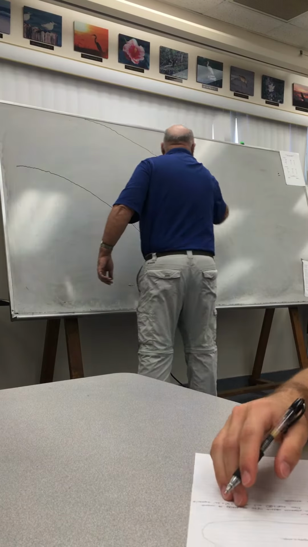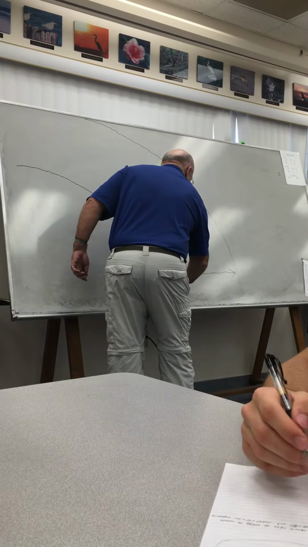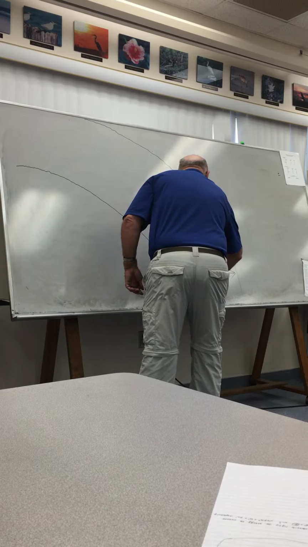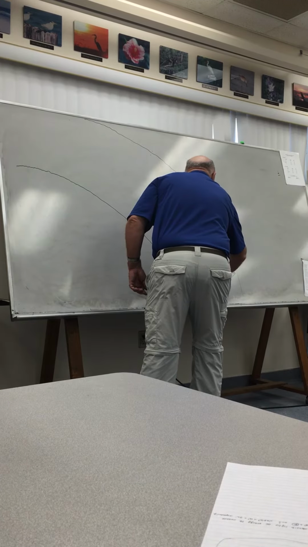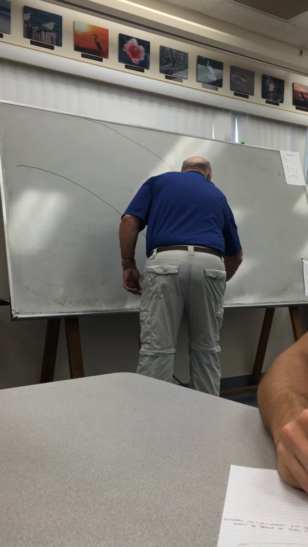So this thickness that I'm drawing from here to here represents the phospholipid bilayer of a thylakoid membrane.